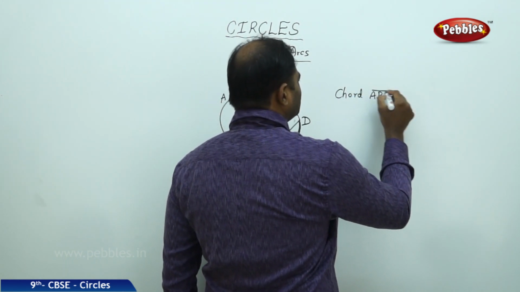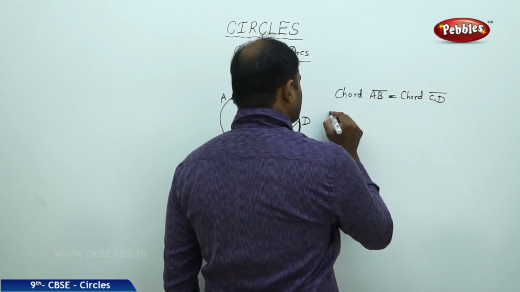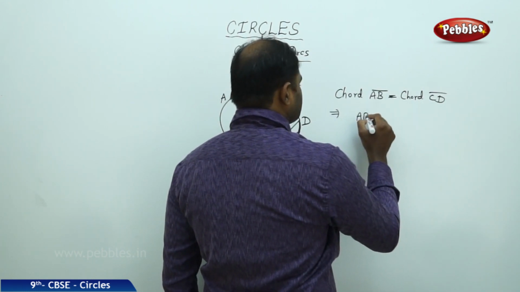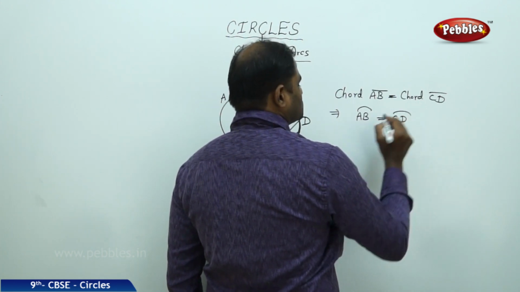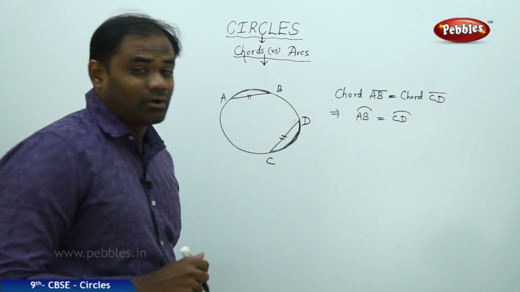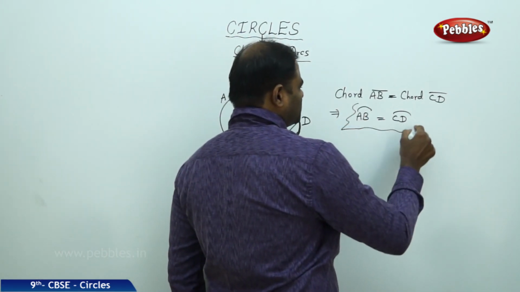Chord AB is equal to chord CD, that implies arc AB is equal to arc CD, or they are congruent, is how we understand the property.